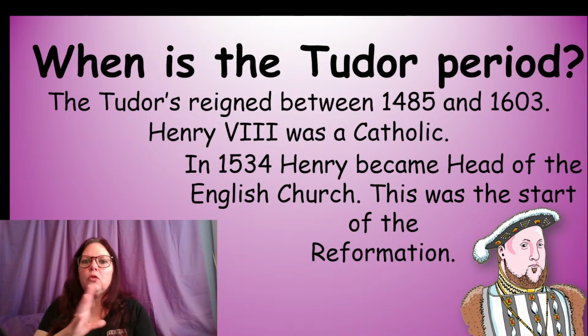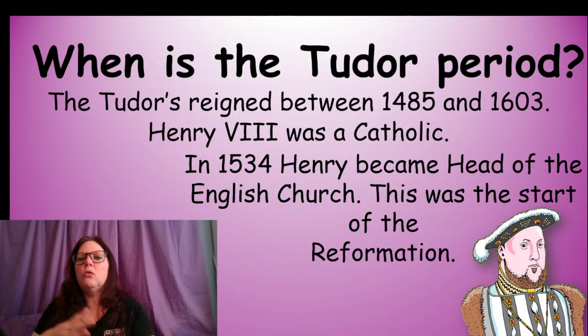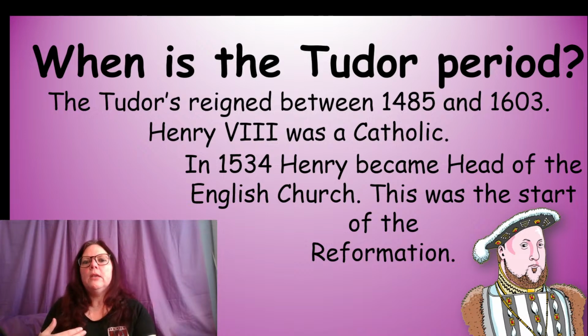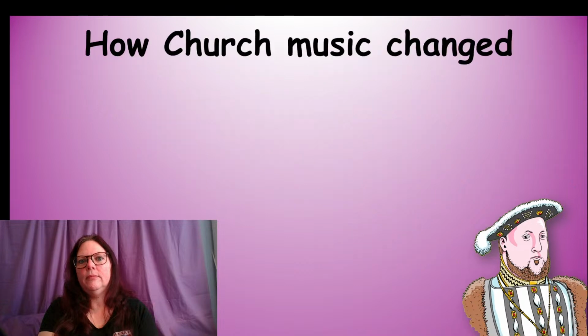He took them all apart, sold off all the lands, took all the money out of the church, and basically turned England into a Protestant country, which meant it didn't follow the teachings of the Catholic Church that it had before, as in the Pope was no longer in charge.